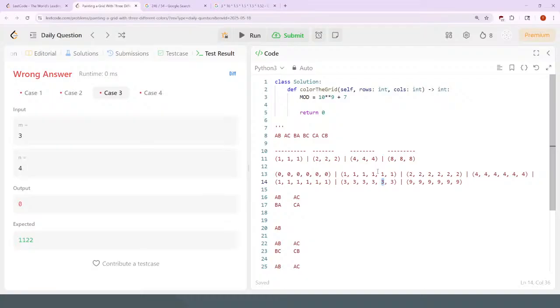And then there's 6 total ways where you can have these two be something that produces an A here.